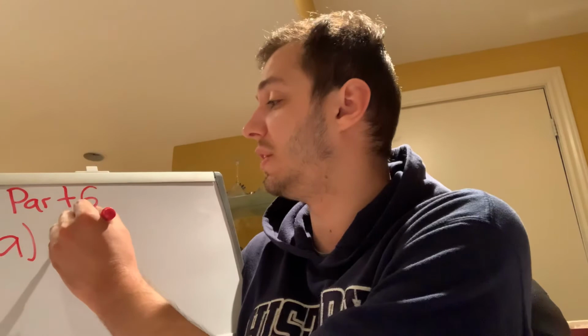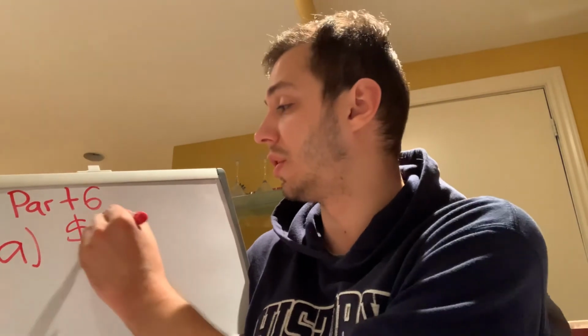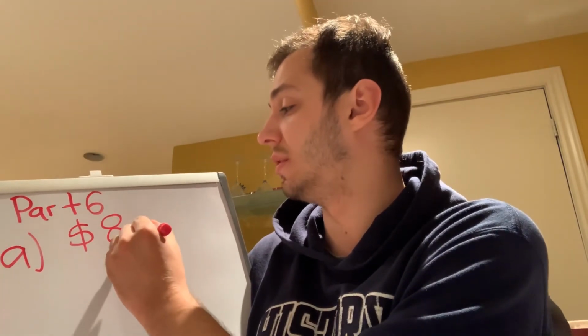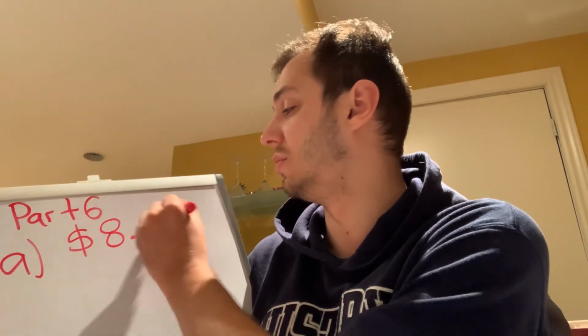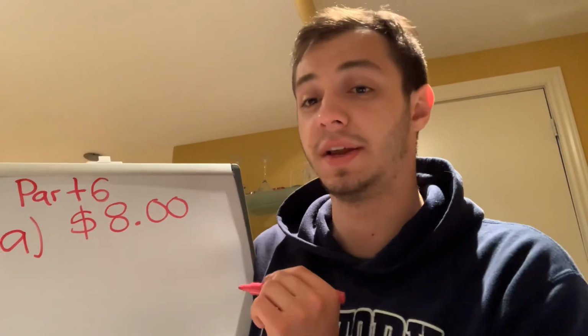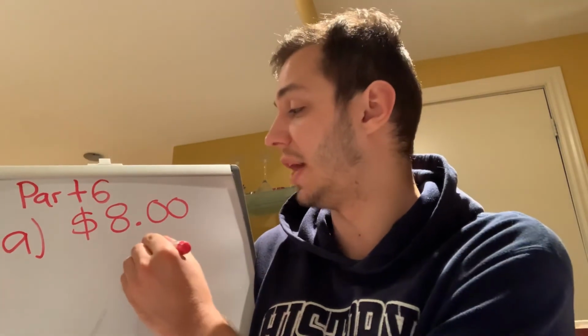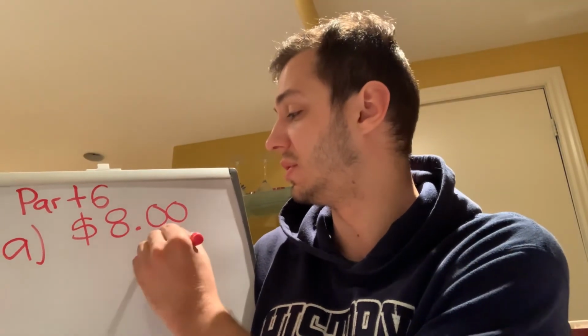So when I'm dealing with money, the first object is going to have a dollar sign. So the stapler cost $8, and I need to have my decimal. Next, the notepad cost 71 cents. I don't need to add my dollar sign again, but I have to make sure to line up my decimals. 71 cents.